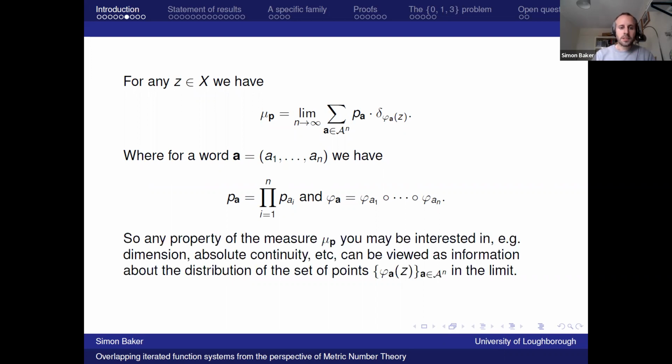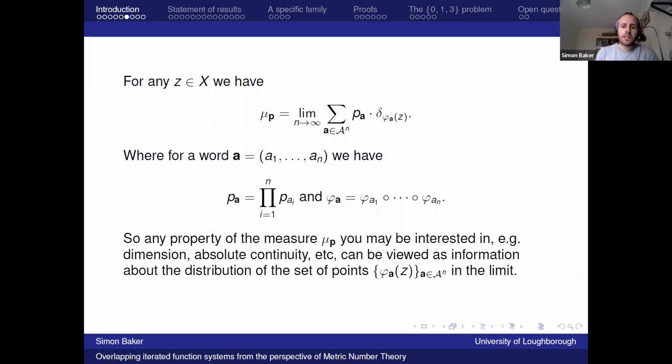So these measures are very useful in studying these fractal sets, these invariant sets. All of the properties we're interested in, whether the dimension, whether they're absolutely continuous, can be seen as properties of the distribution of these images of your fixed point Z under repeated compositions of maps coming from your iterated function system.